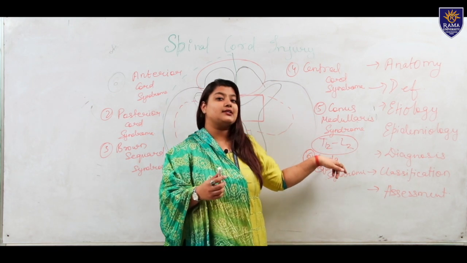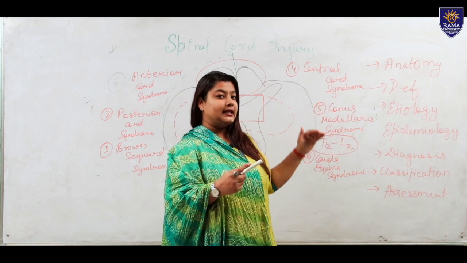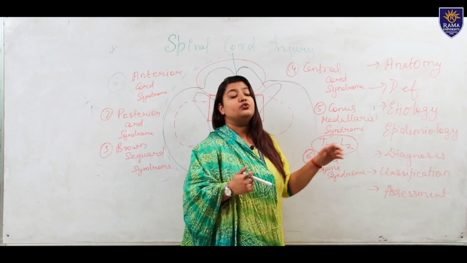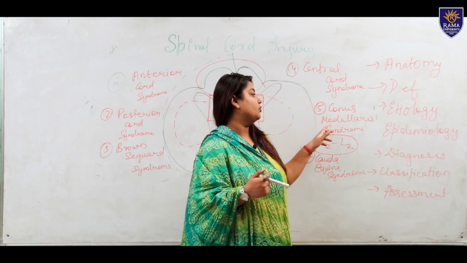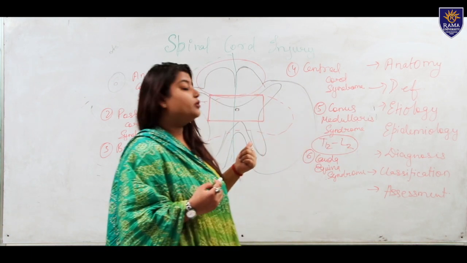T12 stands for thoracic 12 vertebra and L2 stands for lumbar second vertebra. Any disease or trauma occurring at this level may induce compression or tearing of the conus medullaris, which is generally termed as conus medullaris syndrome.